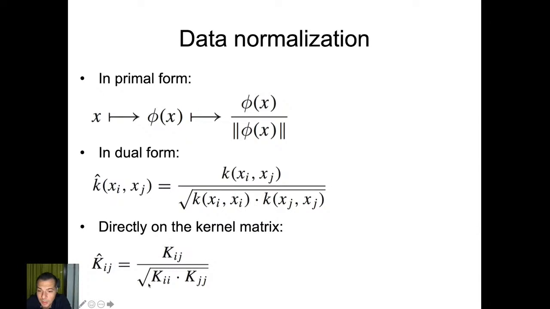So here we take the values from the main diagonal, we multiply them, and then we divide component-wise with the values from the resulting matrix here. So this is a column vector, this is a row vector. When we multiply them, we obtain a square matrix. We extract the square root from this matrix component-wise, and then we divide each component in the matrix K with each component here.